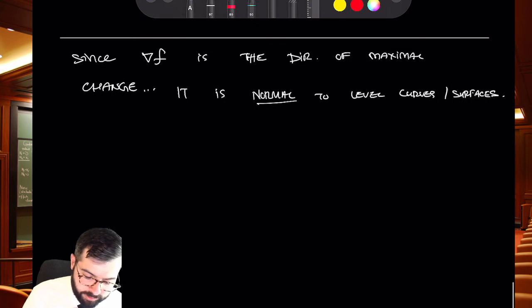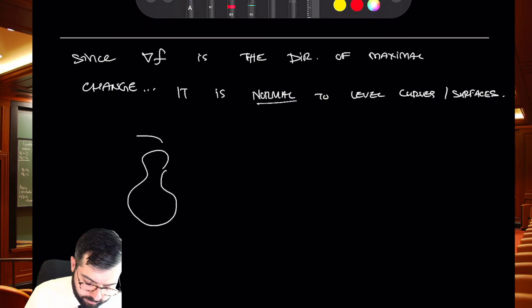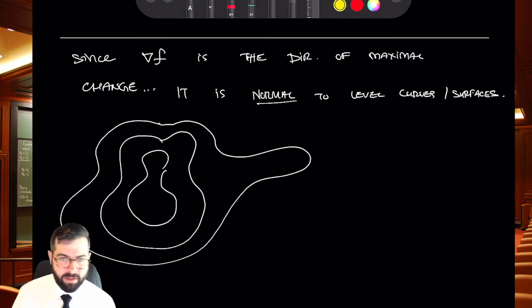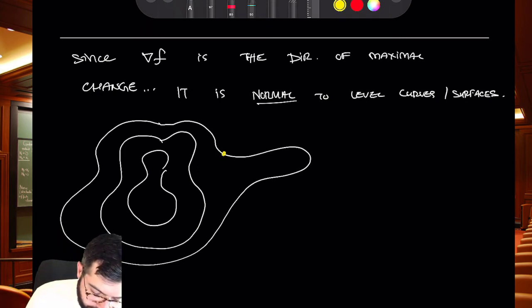So I'll sketch a little thing here just for our notes, but if we have something like this contour map, what the gradient does is it gives us at each point x, y, z, and obviously it does this at every point, so we can't draw them all.